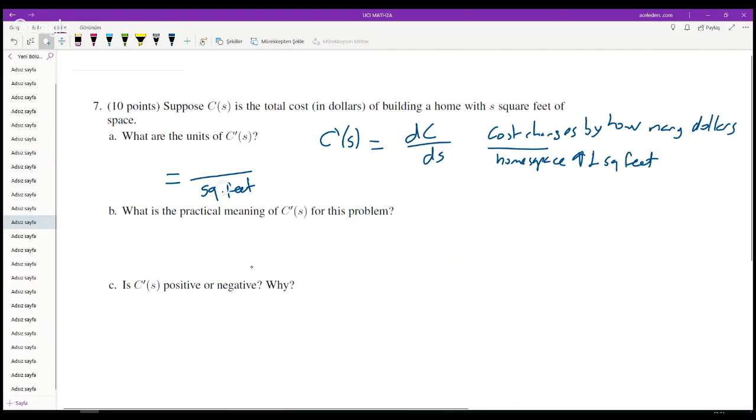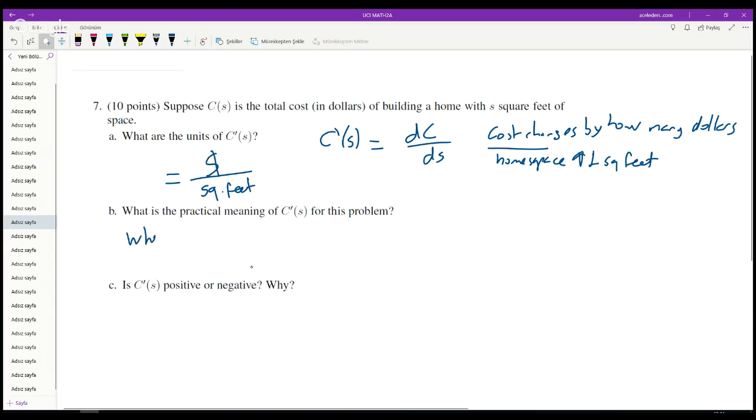And the unit of the cost is dollars. So dollars over square feet. That's it. The second one, what is the practical meaning of C prime of S for this problem?